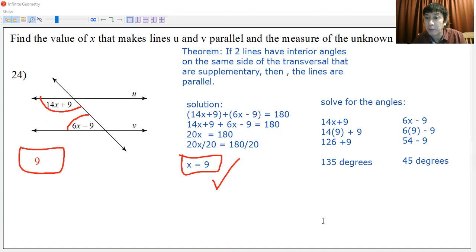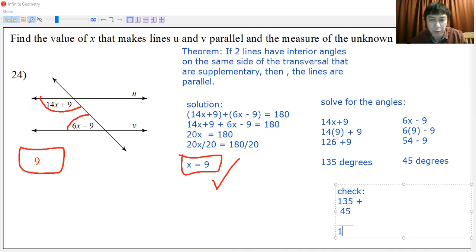A little check. 135 plus 45. You can check that. We have 135 plus 45. That results to 180.